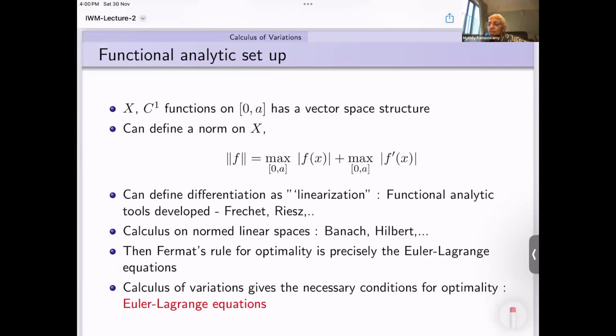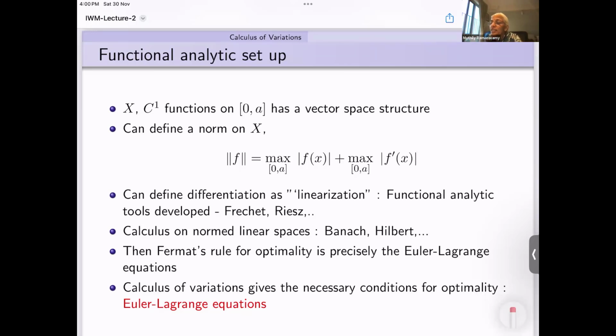So my space X is C1 functions on the real interval [0, a], let us say. And this has a vector space structure, and I can even define a norm on this space X. It's the maximum of the modulus of f(x) plus the maximum of the modulus of f'(x). So I can give a norm to this space, and so this is a nice normed linear space, and it has all good structures.